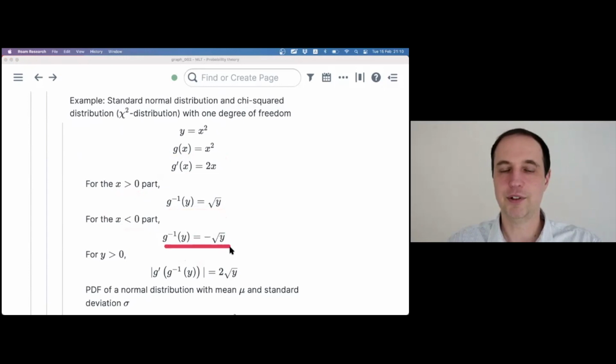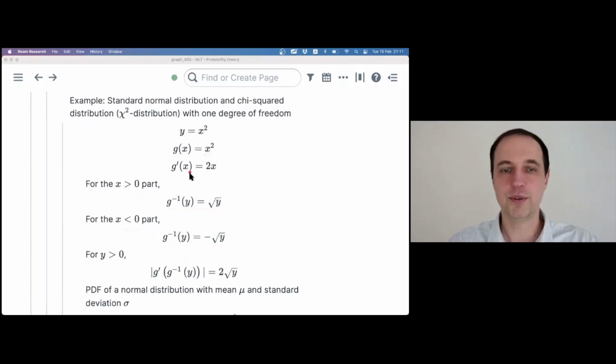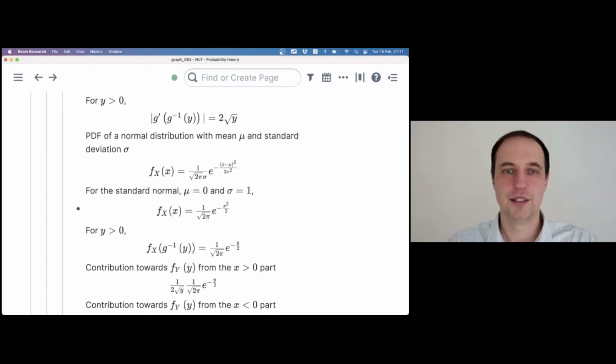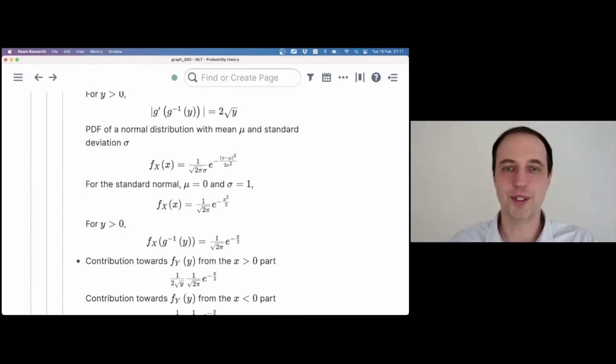For the negative x part, we get minus square root of y. So I'm just inverting this function x squared. If you calculate the derivative and the inverse, in general, the value of the denominator that we had is 2 times square root of y. With this, we can try to plug things into the formula.